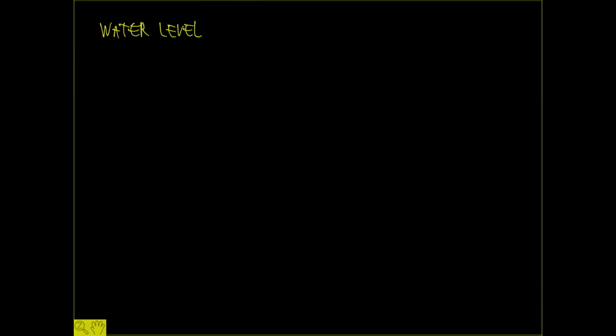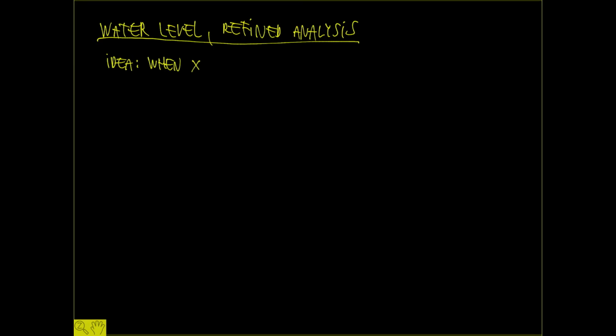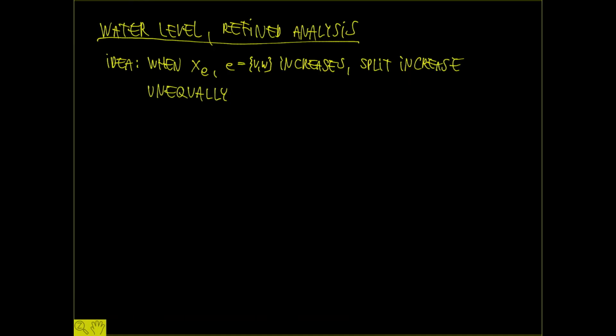So somehow we need a better way to find a smaller solution to the dual in order to get a better bound on opt. And the idea is to deviate from what we did before, which was splitting the amount by which we increase the dual variables evenly, and now we are going to do the split unequally.